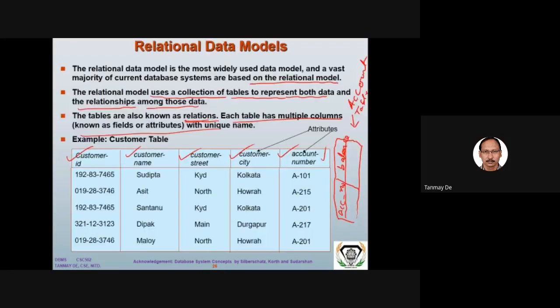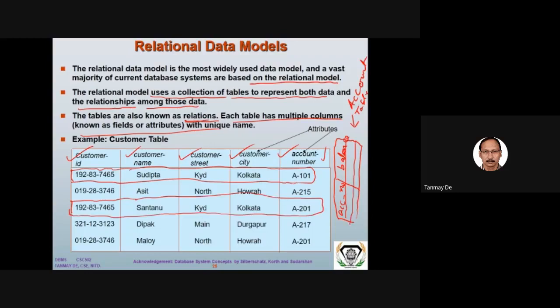In the previous example, this is one of the records. What is the type of this record? It is a customer type of record. Say this is another record. What type? Customer type of record. Similarly, here a number of records are there.